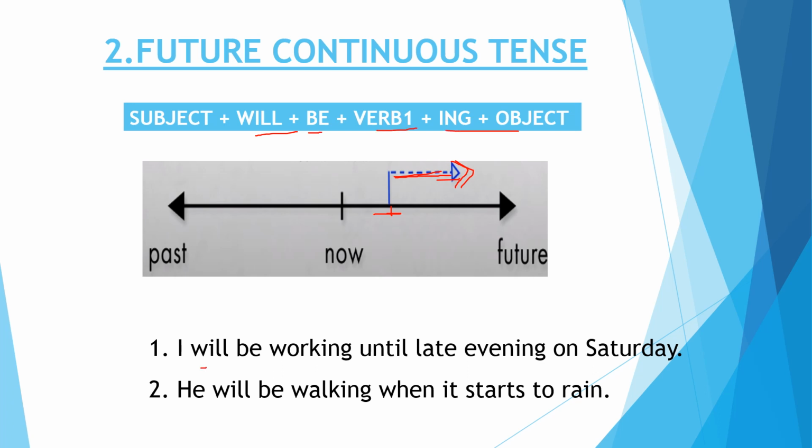I will be working until late evening on Saturday. So this is talking about the future and about an action that will be in progress in the future: will be working. He will be walking when it starts to rain. So let's understand the uses now.